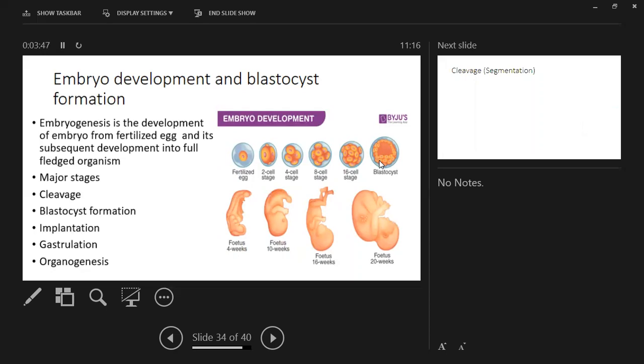There is first the fertilized egg. From the fertilized egg, you will get a 2-cell stage. Then 4, 8, 16, and then this is the structure. And the full baby will get developed by 290 or 288 days.